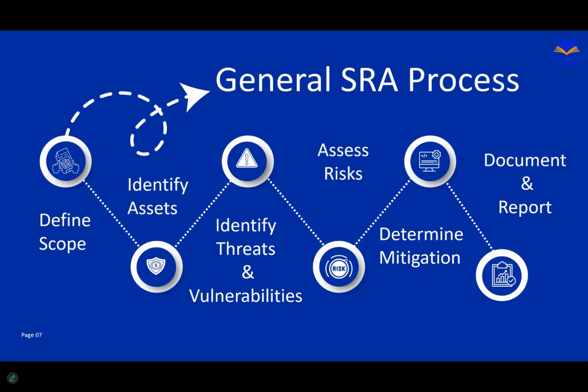We're going to determine mitigation as well, right? Once we assess the risk, what can we do to reduce the risk? And then the final process, which is very, very important, is that we're going to document and report.